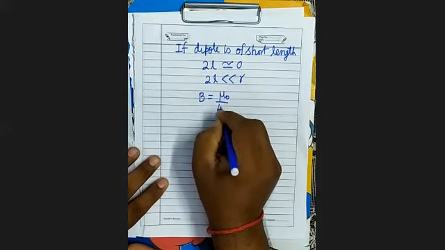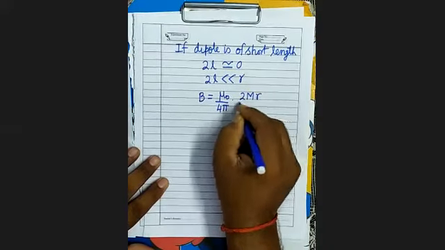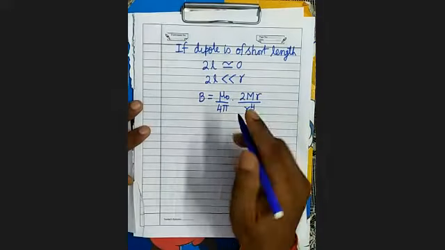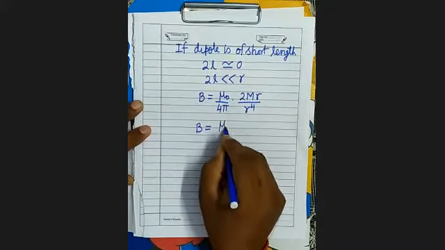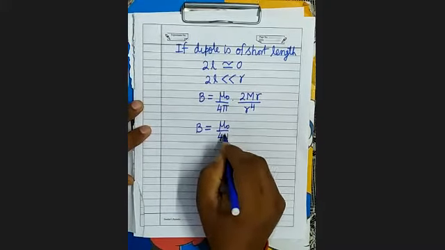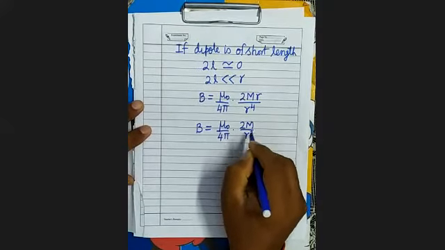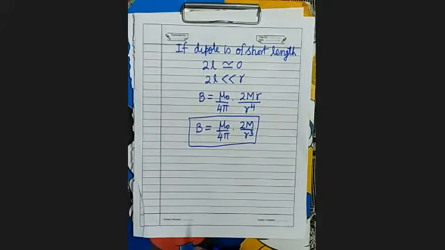Mu naught upon 4 pi, that is 2mr upon r to the power 4. Now one power will be cancelled, so what will be B? Mu naught upon 4 pi, 2m upon r cube. Now one more thing you can notice here.